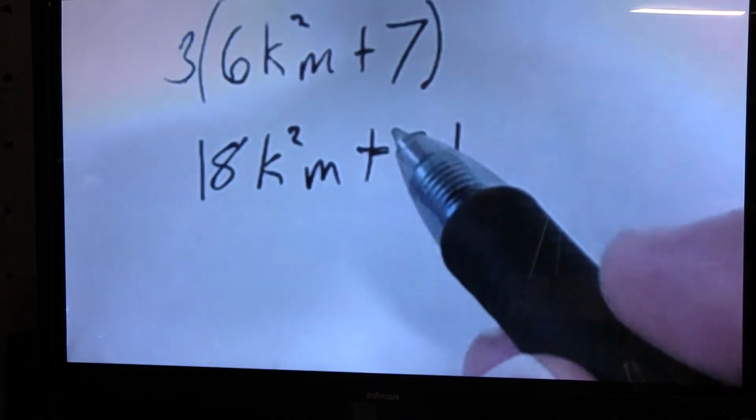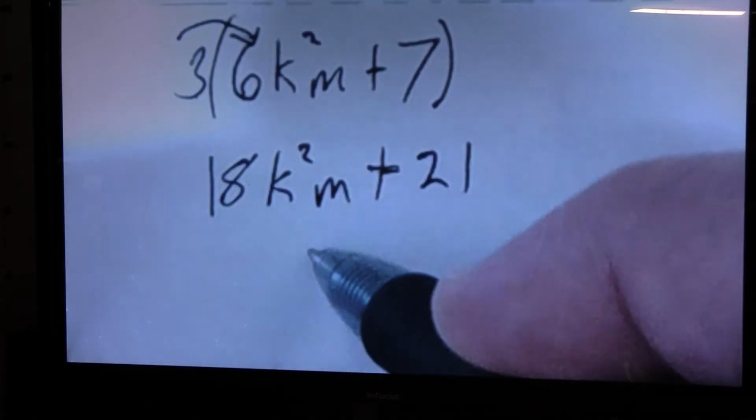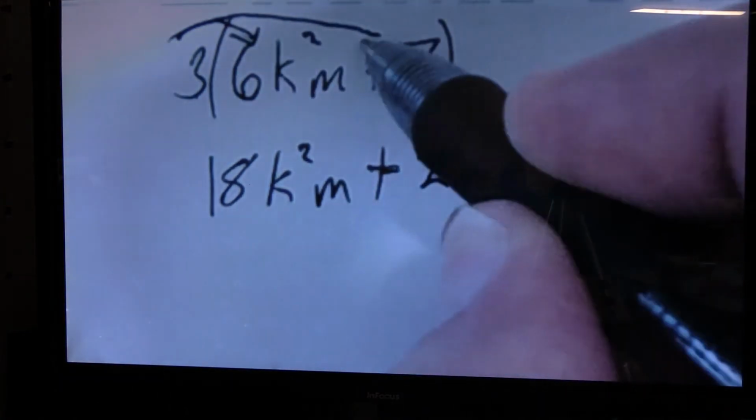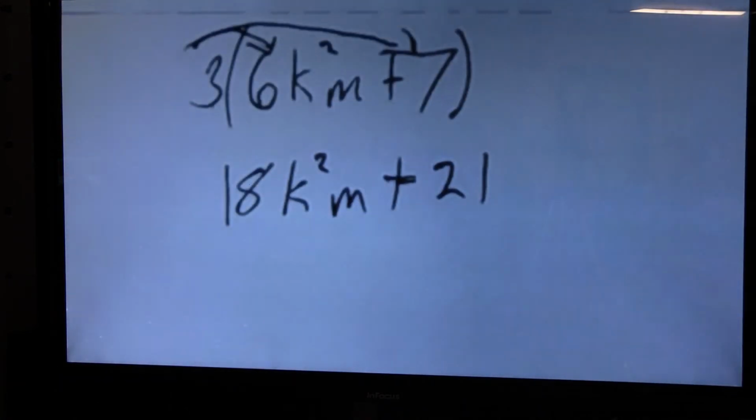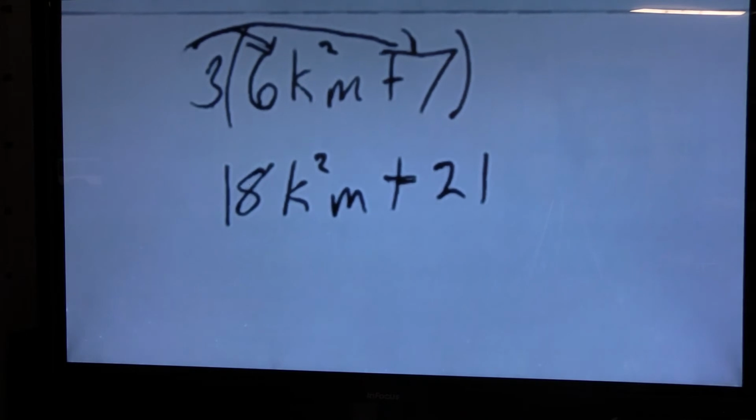The distributive property of multiplication tells me that I can multiply 6k squared m by 3 and get 18k squared m. I can multiply 7 by 3 and get 21. So that illustrates how the distributive property of multiplication helps us write an algebraic expression 2 different ways.